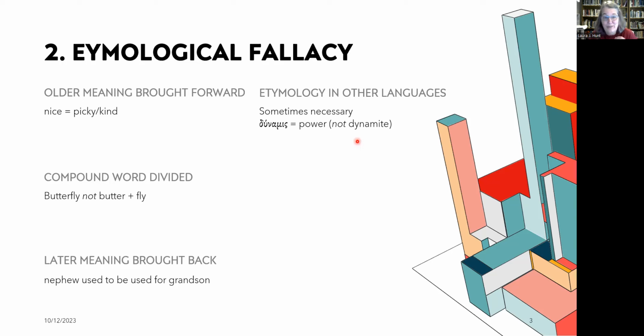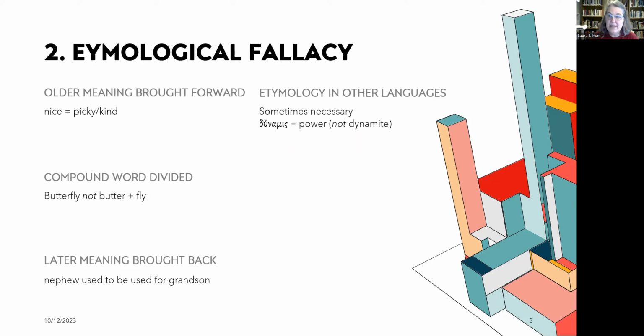I've heard pastors preach about the word dunamis in their sermons and claim that the power it's talking about is an explosive power like dynamite, but that is taking the related word in a different language and also from a different time period and reading it back into a perfectly ordinary Greek word that just means power. So we have to be careful of those kinds of things.